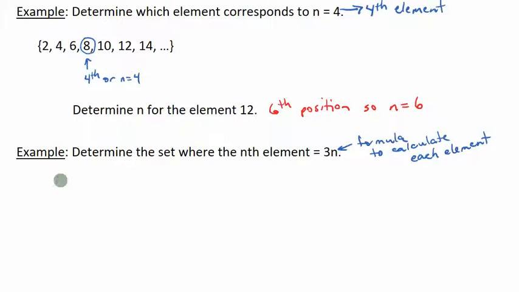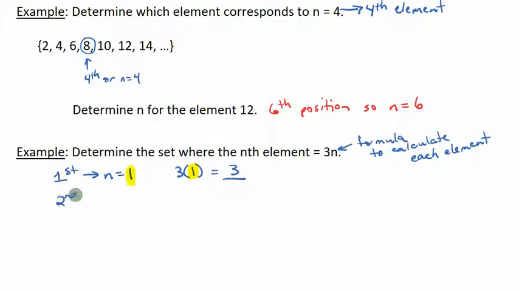And so if I want to know the first element, then that means n equals 1, which means that the first element is 3n, 3 times n, or 3 times 1 in this case, because n is 1. So the first element is the number 3.